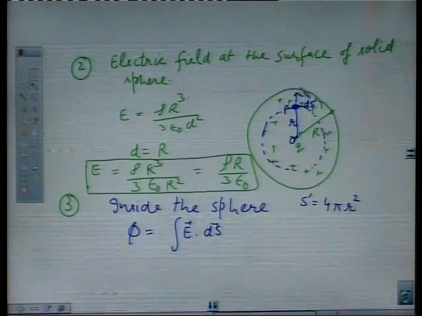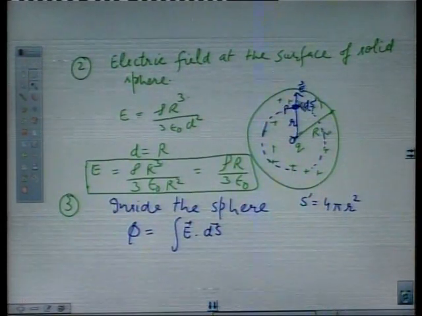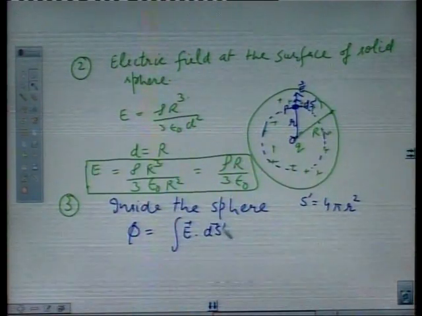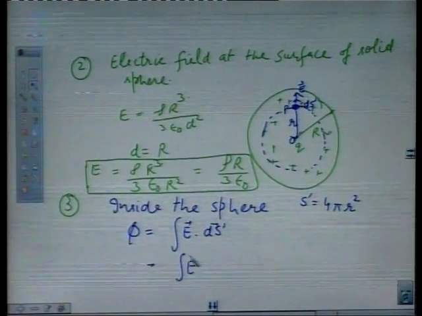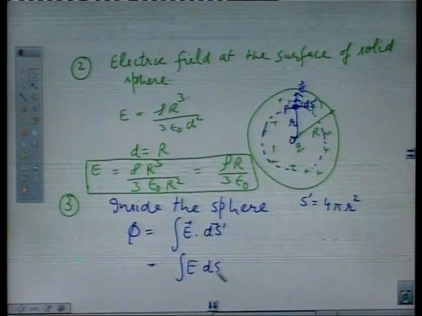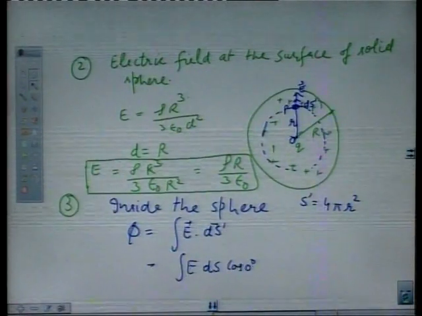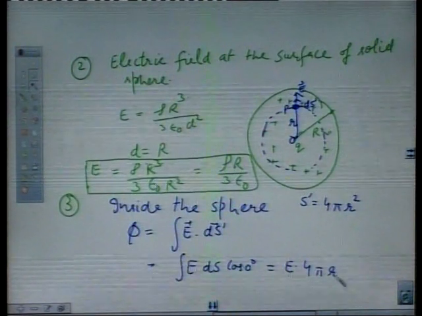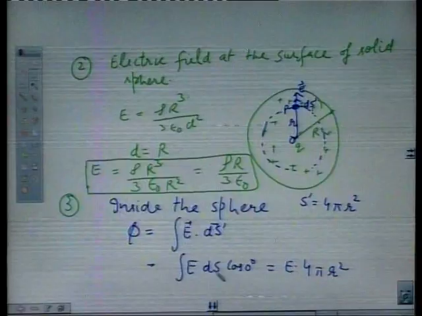The electric field E vector is lying along this direction and ds vector is also lying along the direction of electrical field. So this is equal to E into ds into cos 0 degrees. Cos 0 is 1, so we take it as E into 4 pi r square. The surface area is 4 into pi into r square.